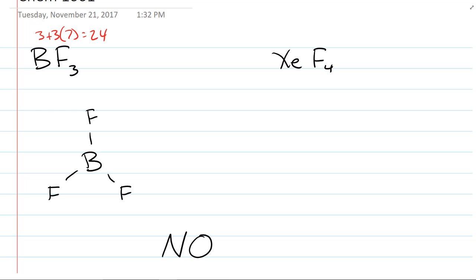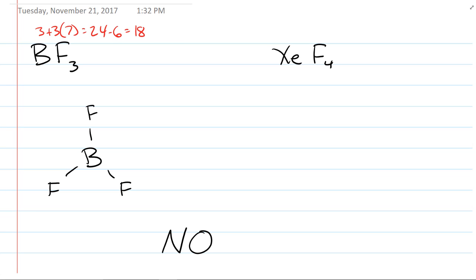So we come back here, and how many have we used up at this stage? 6, which means we have 18 left to go. So now, which elements do the dots get assigned to? Fluorine. So we put in 2, 4, 6, 8, 10, 12, 14, 16, 18.